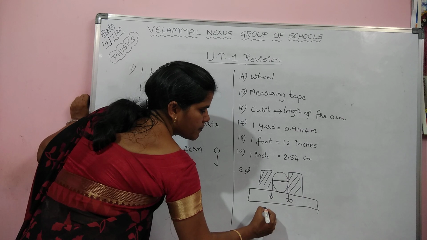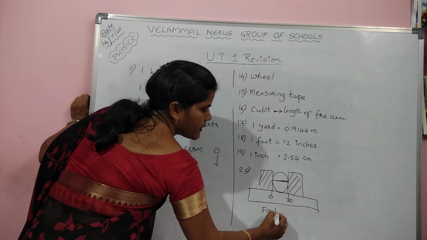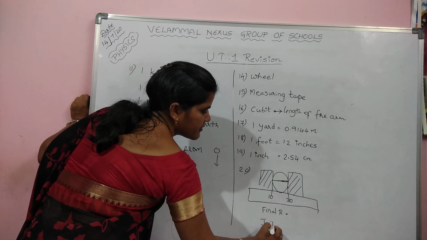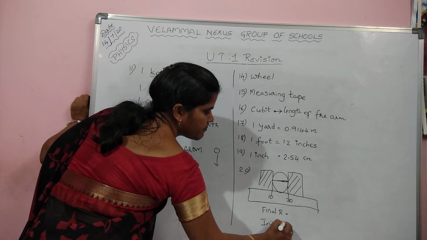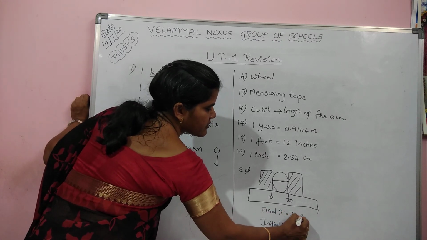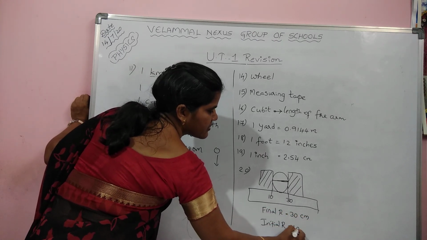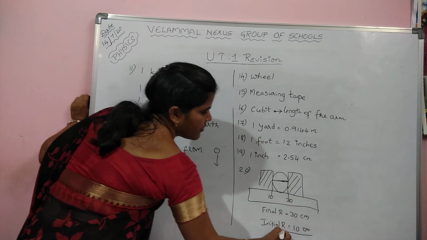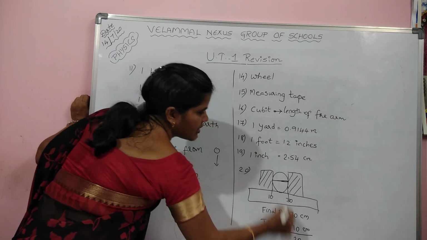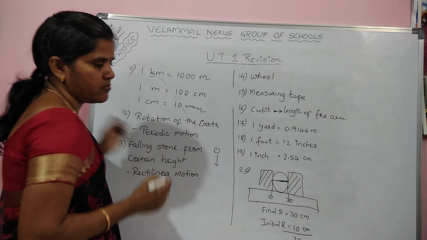Final reading minus initial reading. Final reading is 30 centimeters. Initial reading is 10 centimeters. When I subtract this, I'll get 20 centimeters. That is nothing but the diameter of the ball.